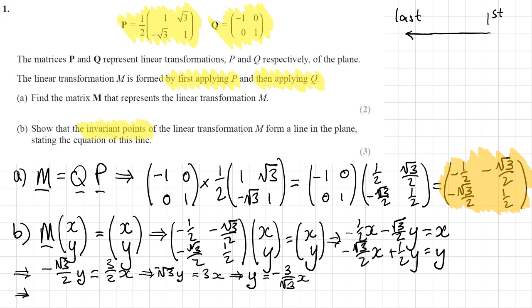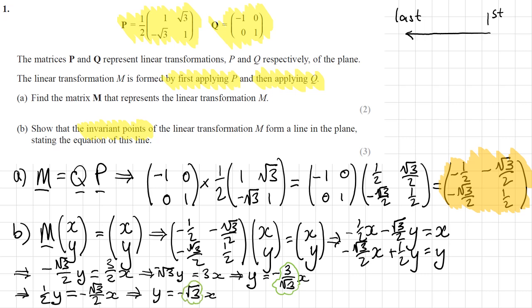So I'll basically have half Y is equal to negative root 3 over 2 X. Just like the last one, I'll times both sides by 2. So I'll get Y is equal to negative root 3 X. Now these two equations are actually the same, because this part here, the 3 over root 3, is the same as root 3.